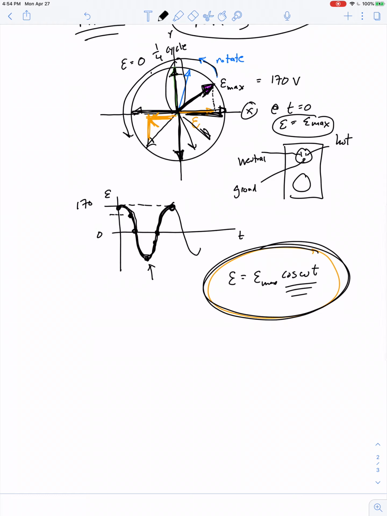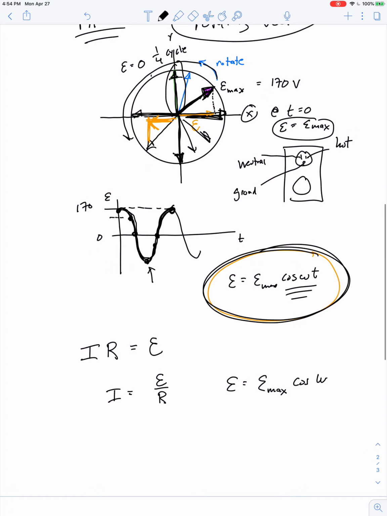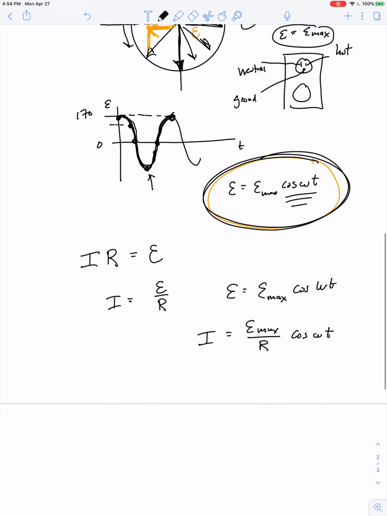Ohm's law tells us that for a resistor, current times resistance is equal to the voltage, or the current is just equal to EMF divided by R. Well, if the EMF is some maximum value times cosine omega t, then the current through my resistor is the maximum value divided by R times cosine omega t.